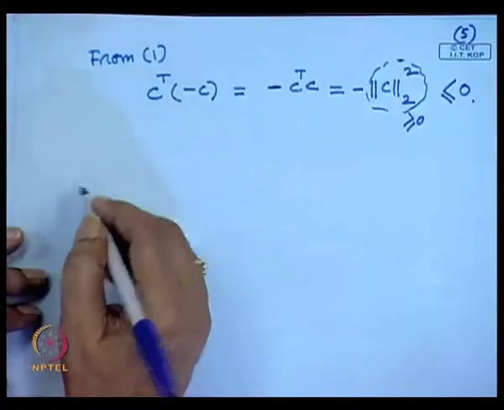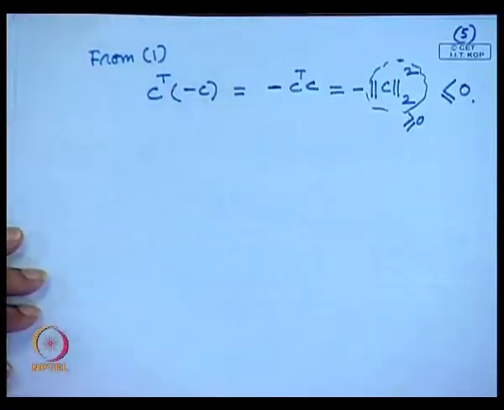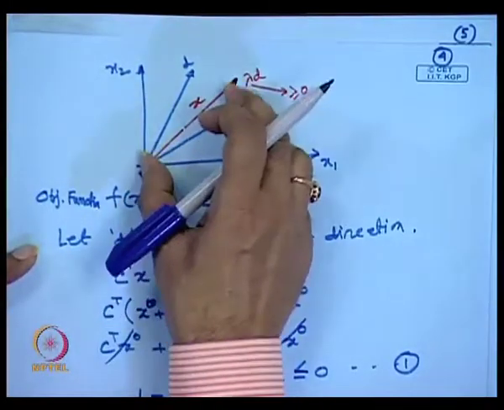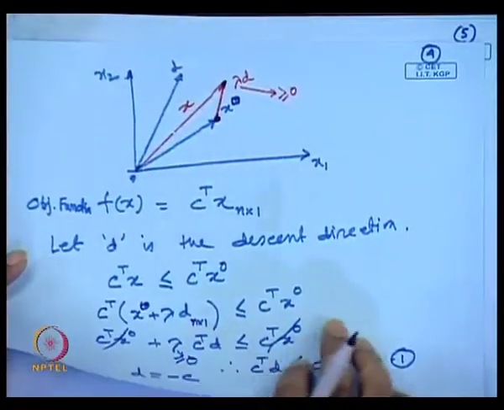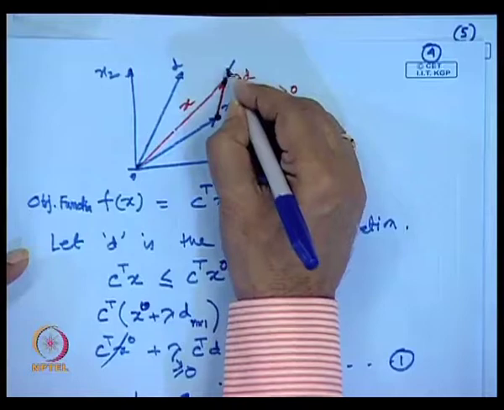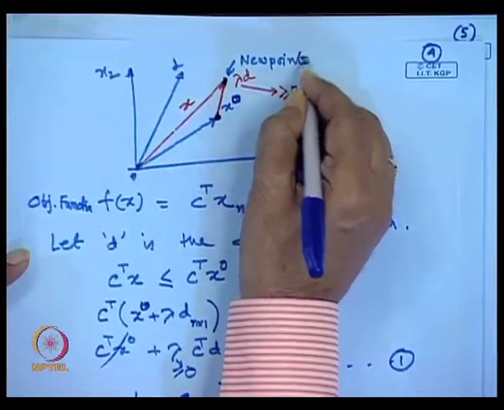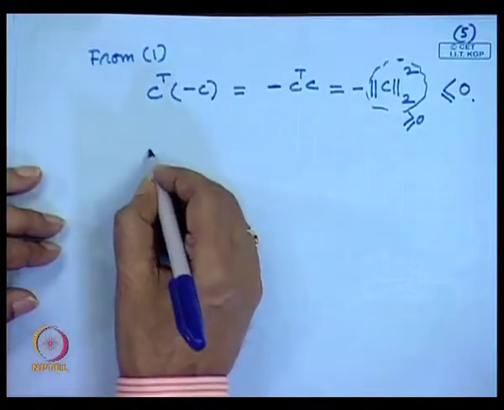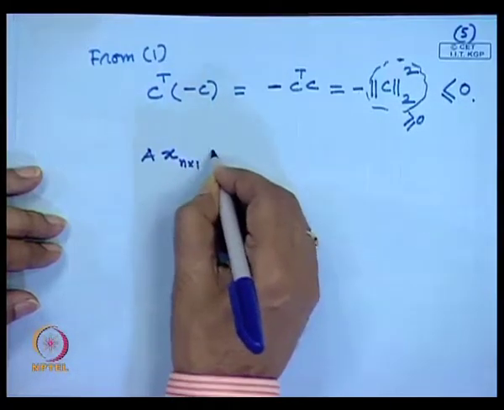Now if this is the direction and x belongs to the feasible region, and we move in this direction, the final vector x, if it belongs to the feasible region, this new point must satisfy our equality constraint, Ax is equal to b.